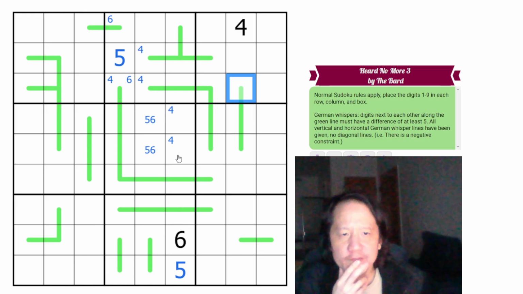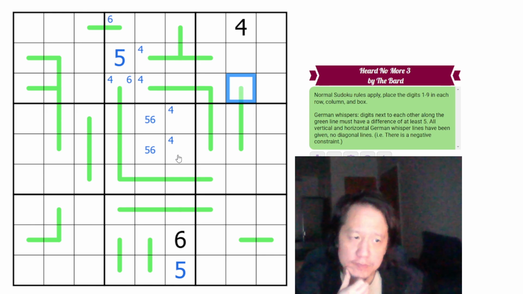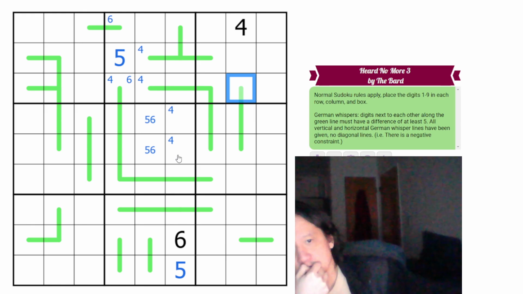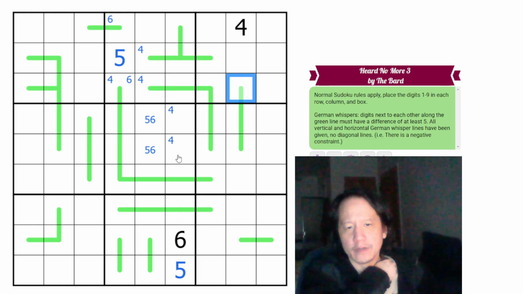Do we have anything else? This negative constraint is very interesting because it's not very common.